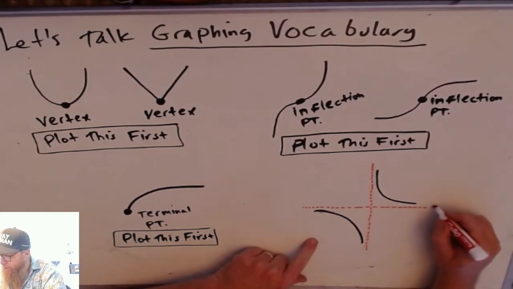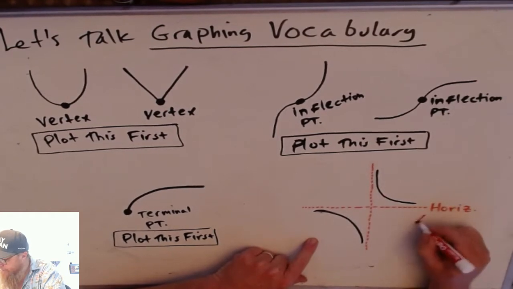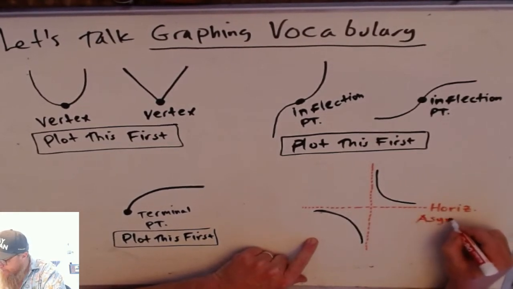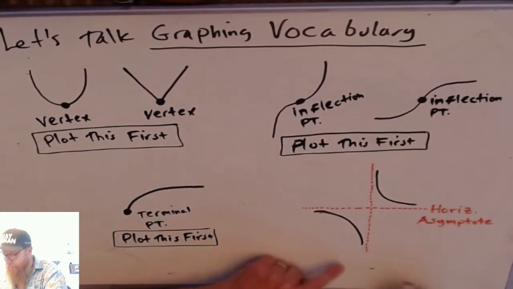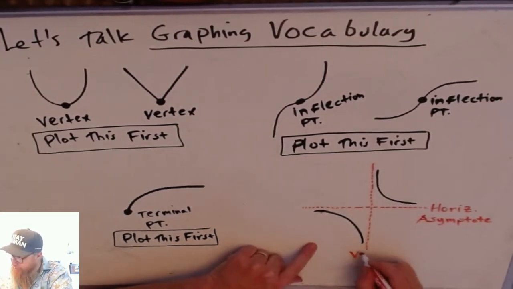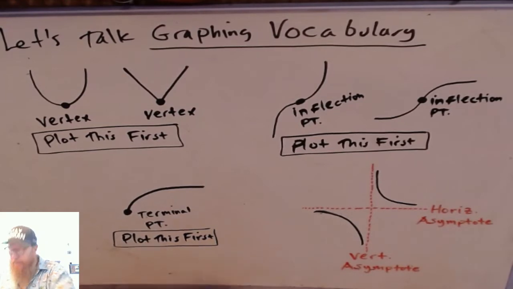This is called the horizontal asymptote. I'm just going to abbreviate horiz. asymptote. And this one's called the vert, or the vertical asymptote. All right.